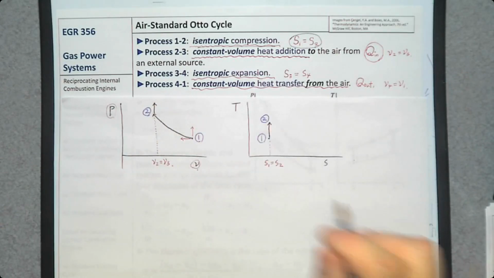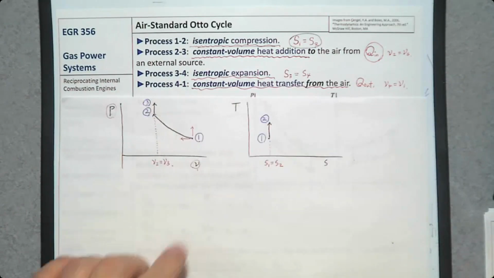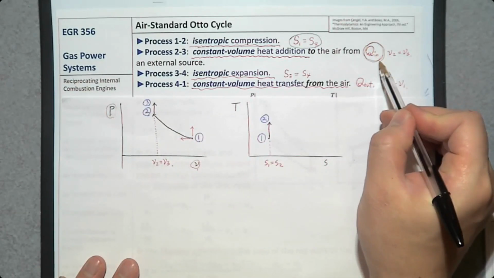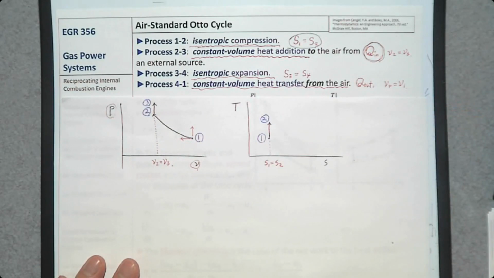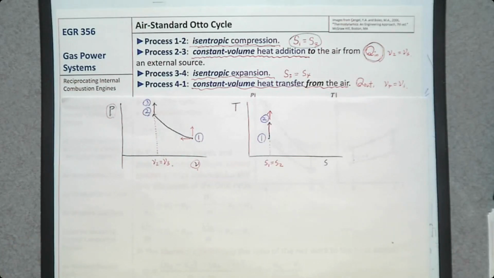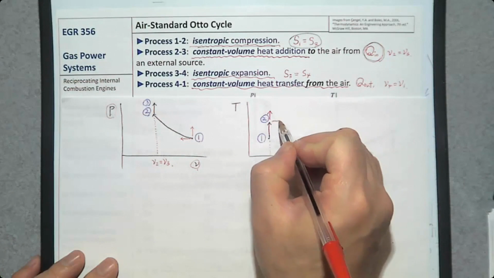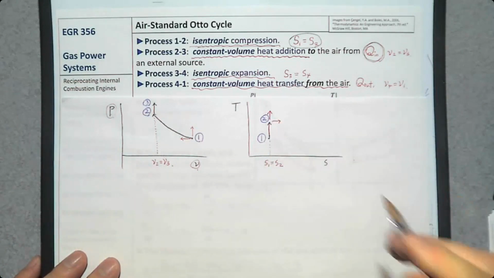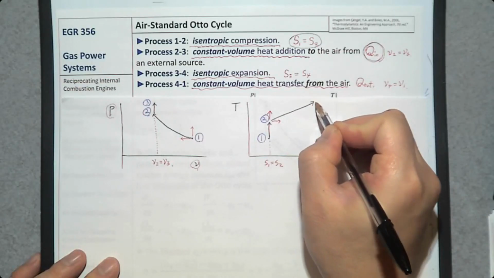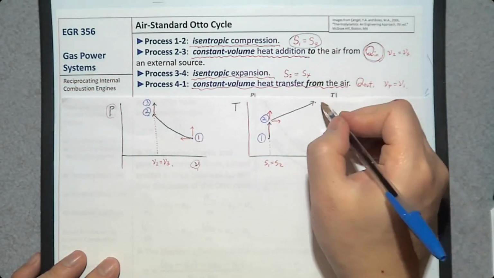So there's number 3. On this TS diagram, heat is added, therefore temperature should go up. And heat is a waste form of energy, therefore the total entropy should increase. So process 2 to 3 is going to be going up like this. So there's number 3.